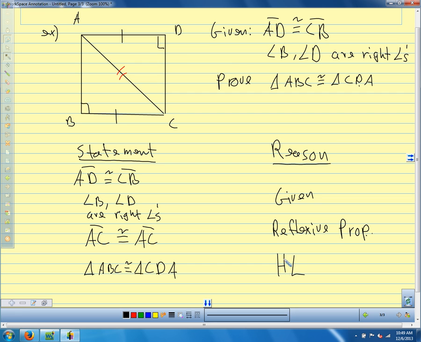So when you have 90-degree angles in your triangles, you think of hypotenuse leg. That can be an easy shortcut to help you out showing if those triangles are congruent. All right, questions on that example? So for right triangles, hypotenuse leg can be a nice shortcut.